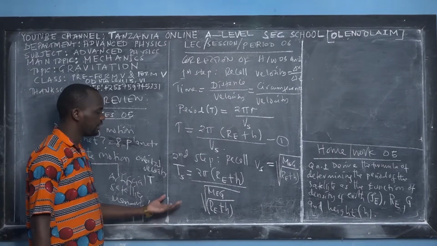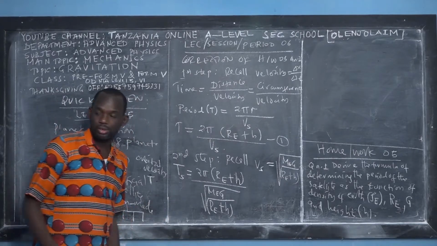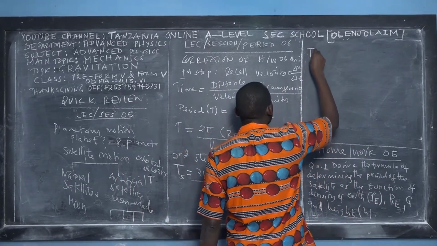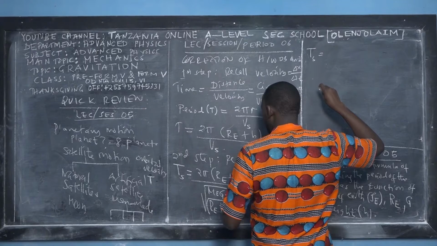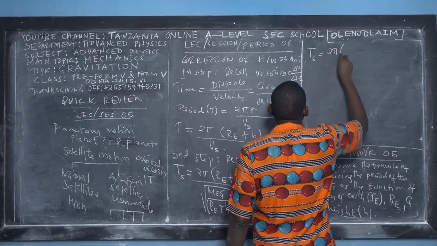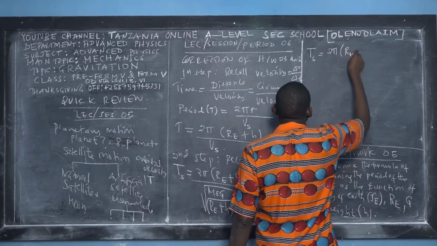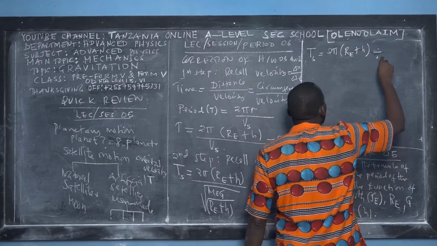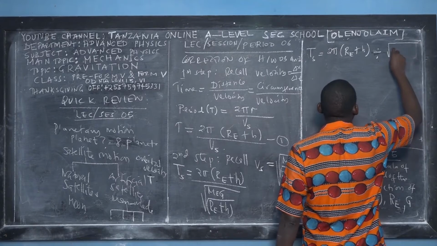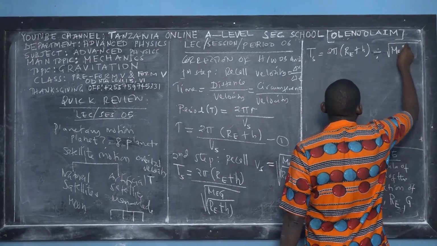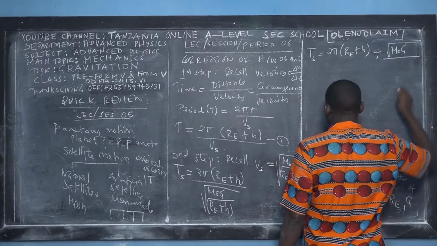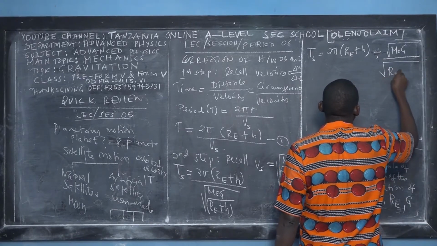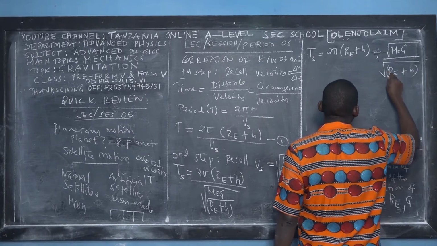Okay? So then this is a matter of division. Because we are going to divide, our period of the satellite S is equal to twice pi times the radius of the S plus the height of the S, divided by the square root of the mass of the S times the gravitational constant, divided by the radius of the S plus the height h.